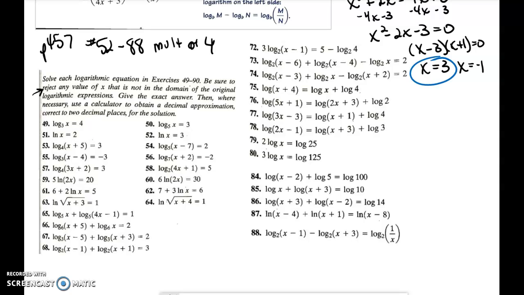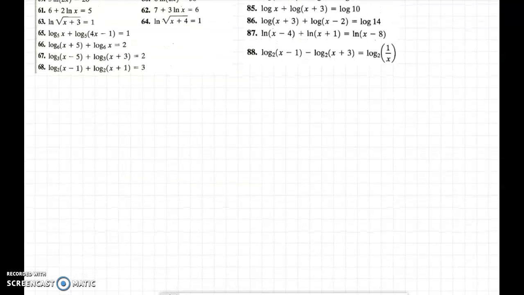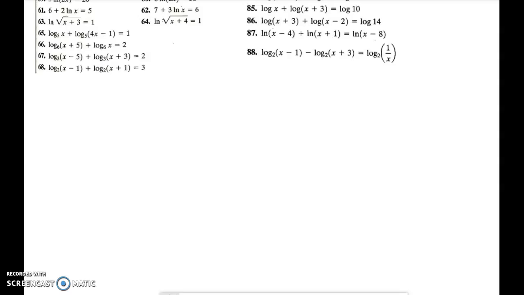So why don't we take a look at number 68. It's right here at the bottom anyways, so that makes it easy. So for number 68, they're both log base 2, and this addition sign here in the middle. If I have 2 logarithms that are added, I should be multiplying those instead.